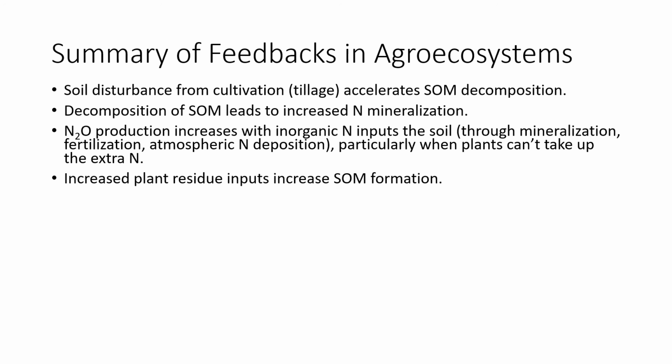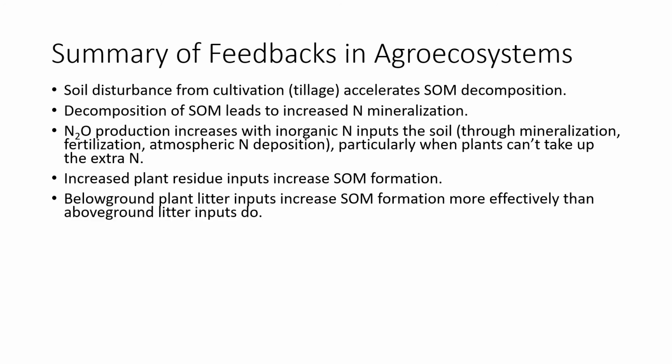Increased plant residue inputs increase soil organic matter formation. And of course, the opposite is true. Decreased residue decreases soil organic matter formation. Below ground plant litter inputs increase soil organic matter formation more effectively than above ground litter inputs do.